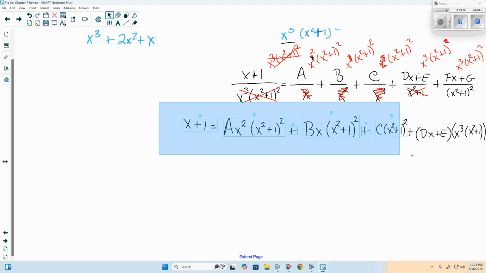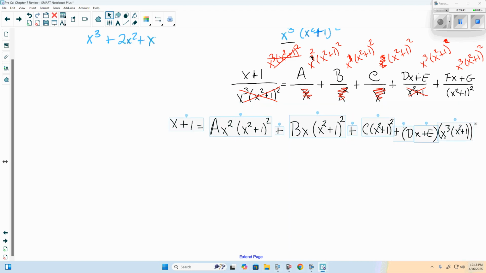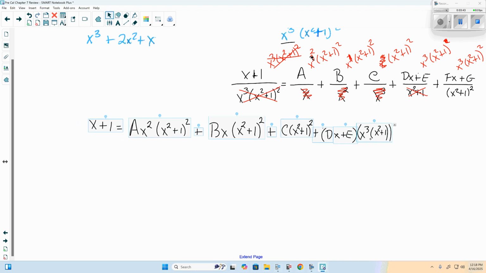Now, one of the nice things about having this on the computer and on the paper is I can move the whole thing. But then we're left with also plus here. All that cancels, leaving us with fx plus g times x cubed.